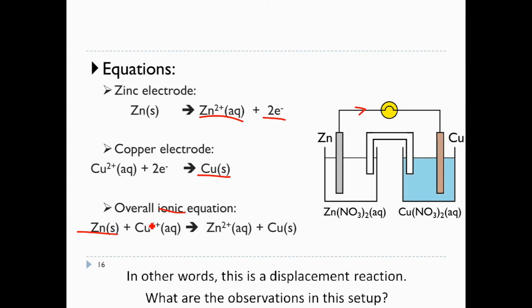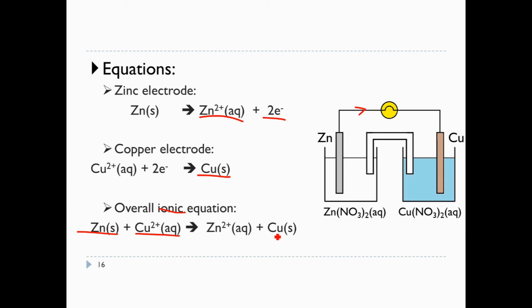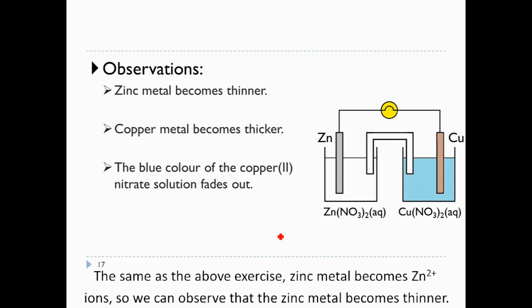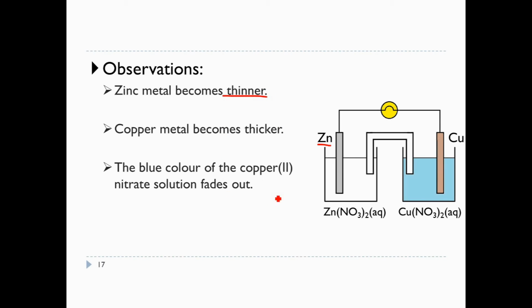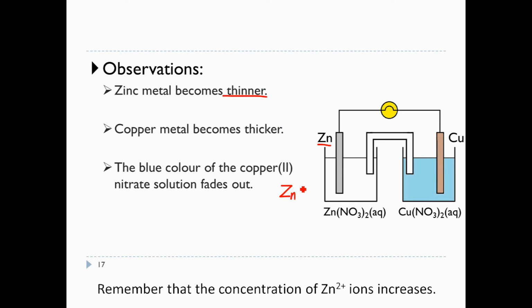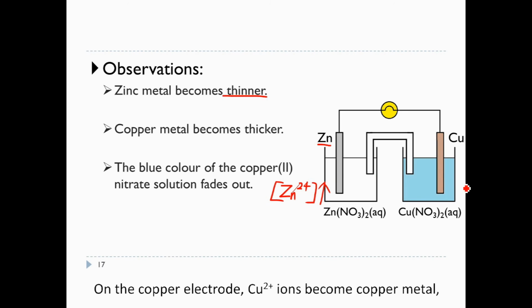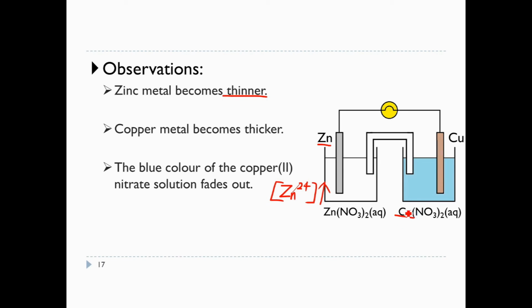What are the observations in this setup? The same as the above exercise, zinc metal becomes Zn2+ ions, so we can observe that the zinc metal becomes thinner. Remember that the concentration of Zn2+ ions increases. On the copper electrode, Cu2+ ions become copper metal.